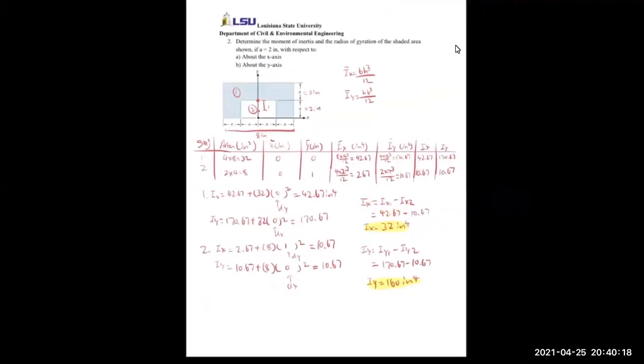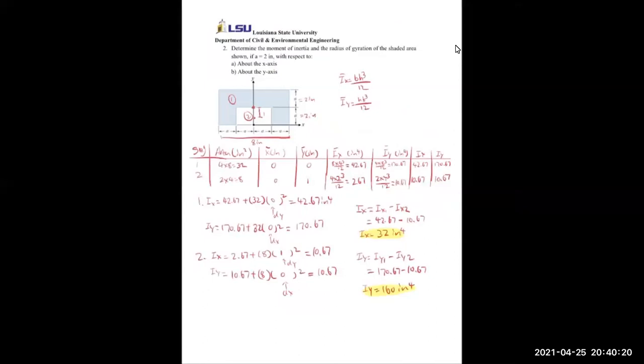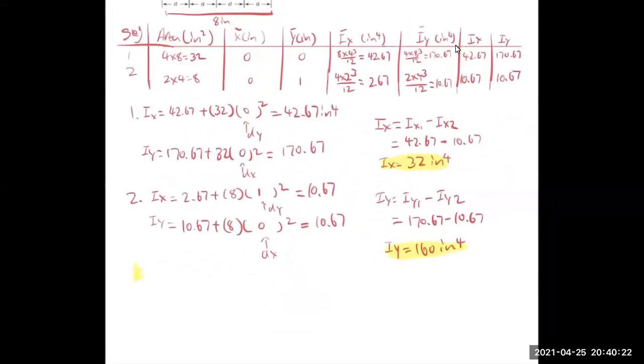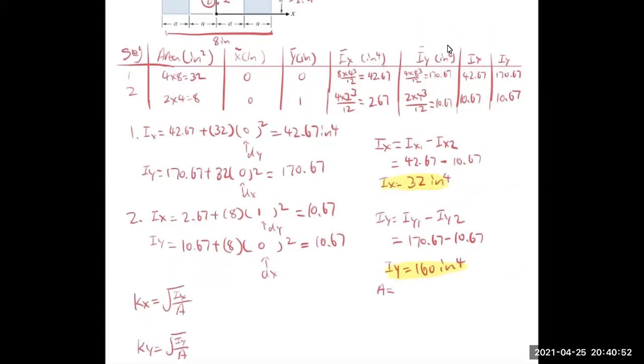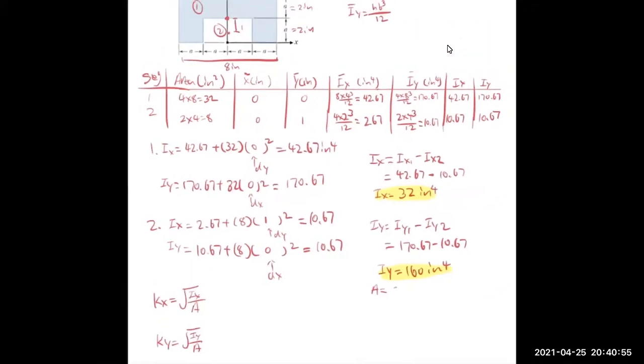And then we have to find the radius of gyration for the x and y axes. For the x-axis, kx will be Ix over the area, and for ky, same thing, Iy over the area. The area right now is the affected area, so we have to take 32 minus A, because A is the empty space right there.